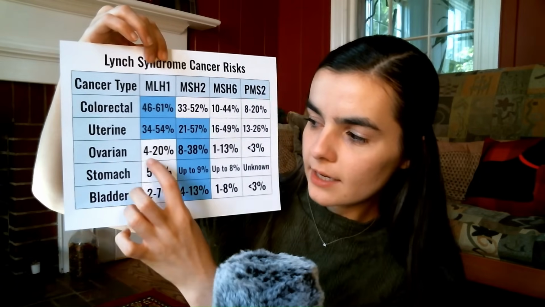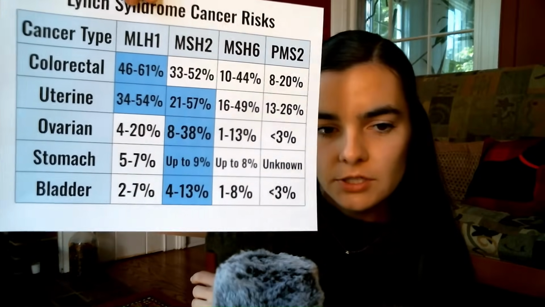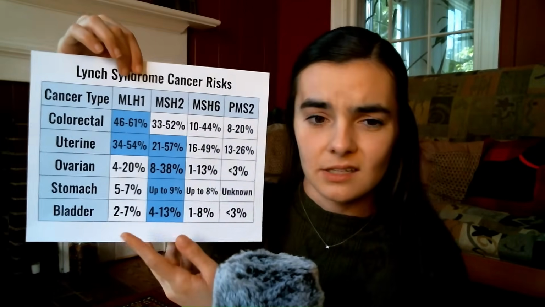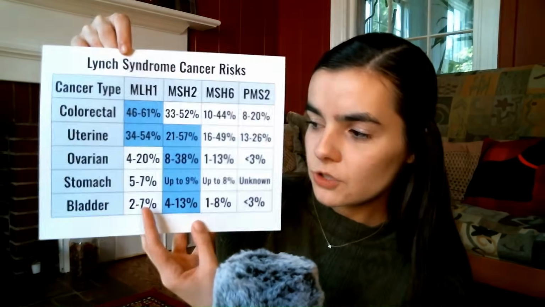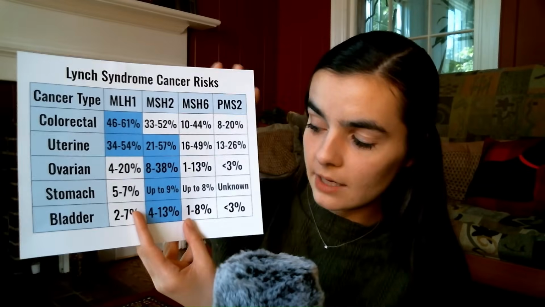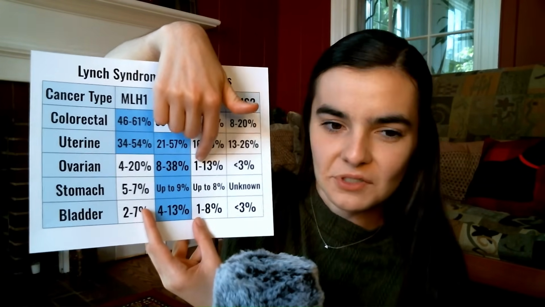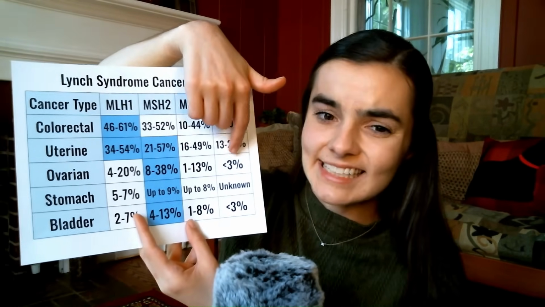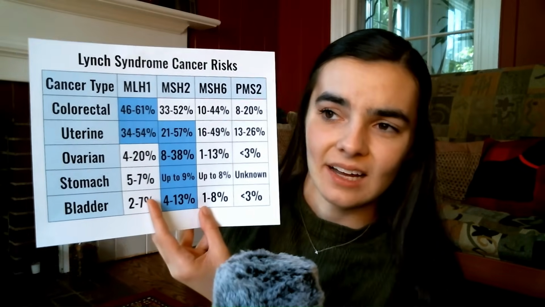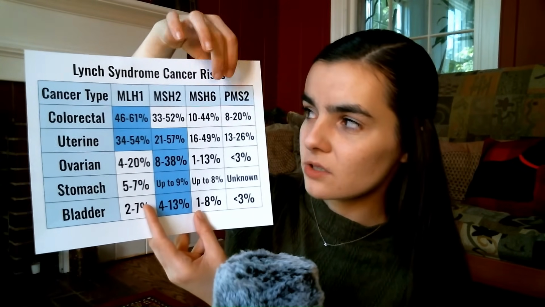Ovarian cancer has its highest risk with MSH2, actually, which I thought before doing this was always MLH1, but not necessarily. MSH2 has the higher ovarian cancer risk, and then it goes down to the general population risk of 1 to 2%, and less than 3%, so not very high risks with these two genes.